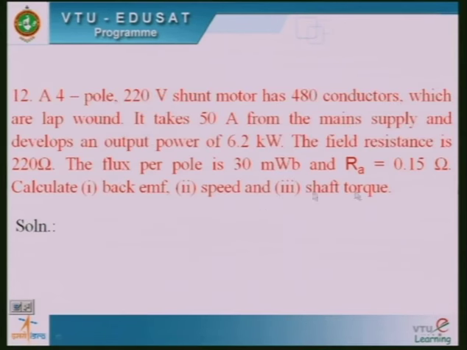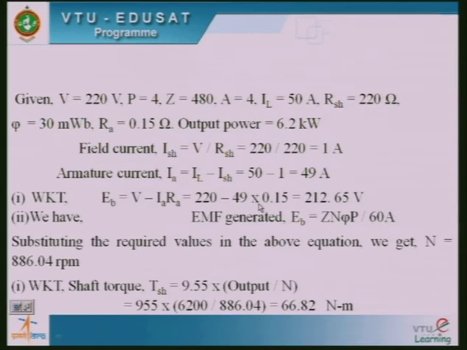In the second part, we have to calculate the speed, and we have one more equation for the EMF generated: EB is equal to ZnφP divided by 60A. Here EB is directly proportional to speed. Substitute the EB you have calculated, 212.65. The number of conductors is Z equal to 480, phi is 30 milliweber, 30 into 10 to the power minus 3, and the number of poles is P equal to 4.